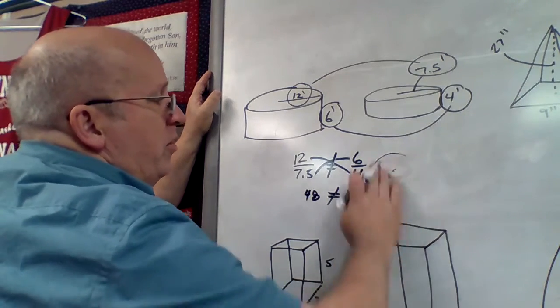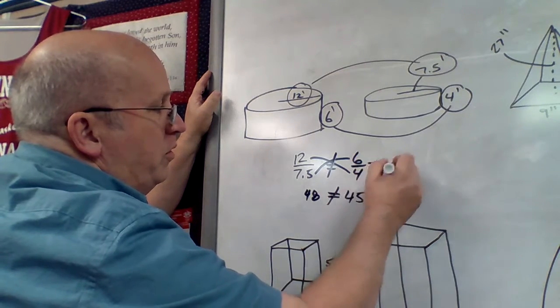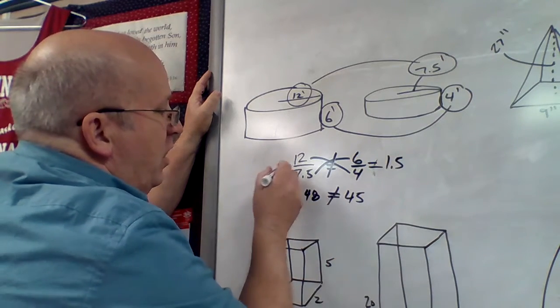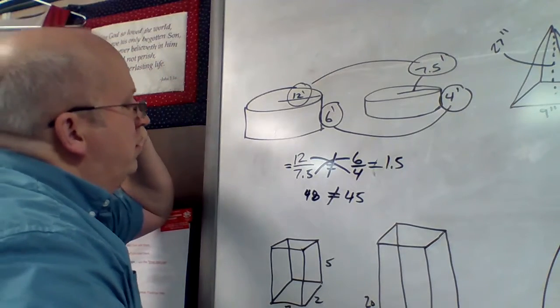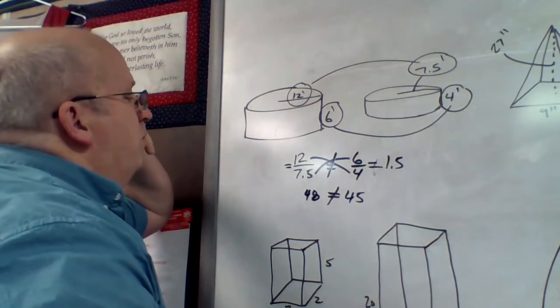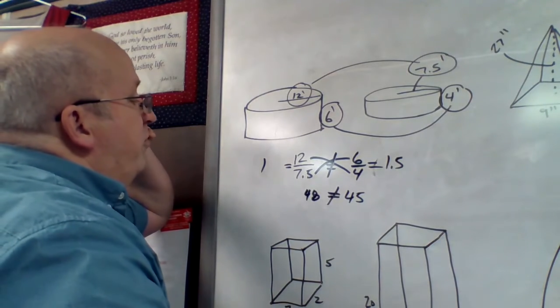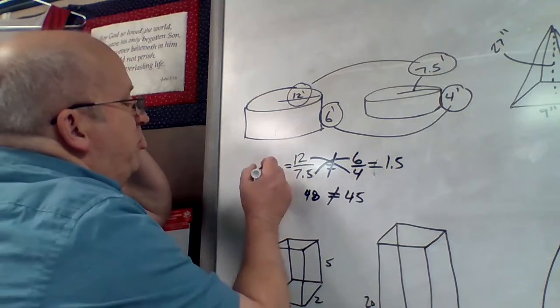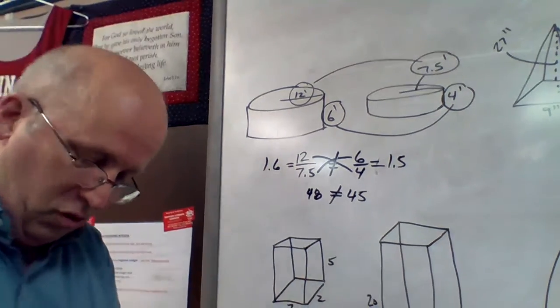Another way to do this would be to turn this into a decimal number. This as a decimal number is 1.5, and this as a decimal number is not 1.5. Let's see, 7.5 will go into 12 once with a remainder of 4.5. It would be somewhere in the neighborhood of 1.6, but I'm not sure.